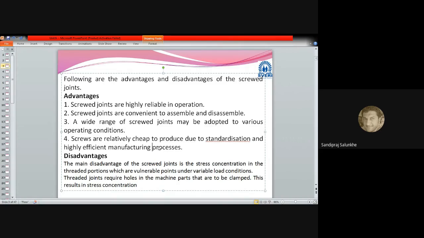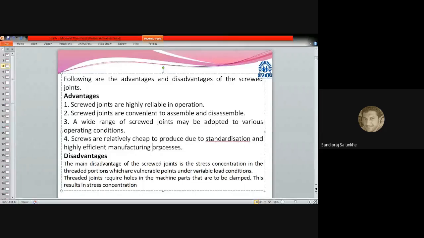They are considered as a combined, single unit only. But those fasteners are standardized. Nuts and bolts are standardized, and their manufacturing process is also a standard manufacturing process. And that's why they are relatively cheaper.